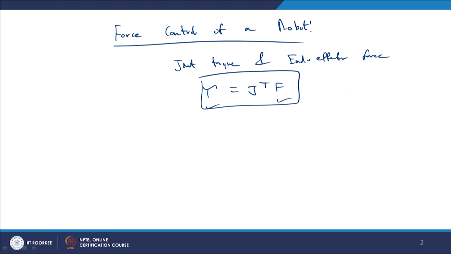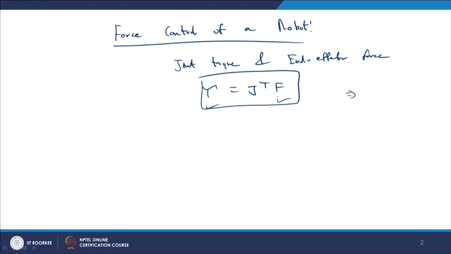The Jacobian matrix is basically the derivative matrix. So, that gives the joint torque provided the end effector force is given.